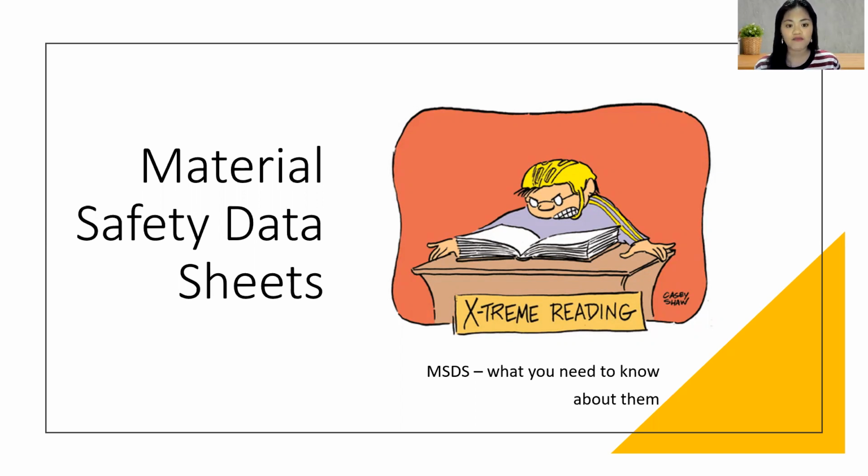It is really important in the laboratory, and it should always be available because it will serve as a guide and as a warning for all the chemicals that you have to handle and how to handle them properly. So what do we need to know about this MSDS?